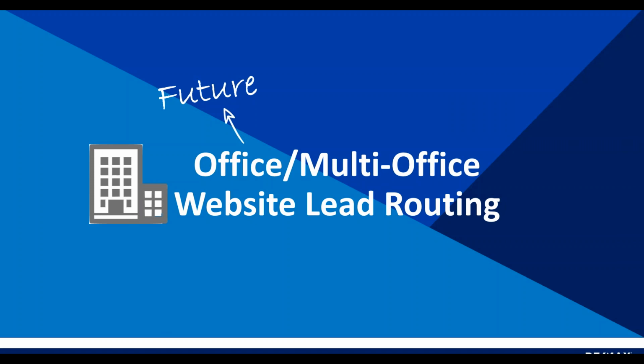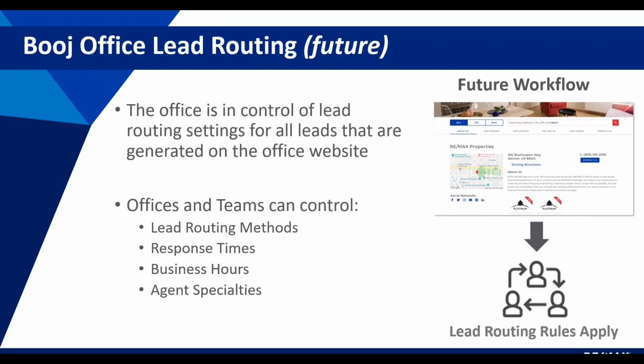Since we're talking about teams specifically, I did want to detail, and we're going to get a lot further into this with the CRM next week, but within the website, you're going to be able to do a lot of fun stuff with lead routing, okay, from a team perspective. So the office, if you think of it as office team, they'll have control over it.